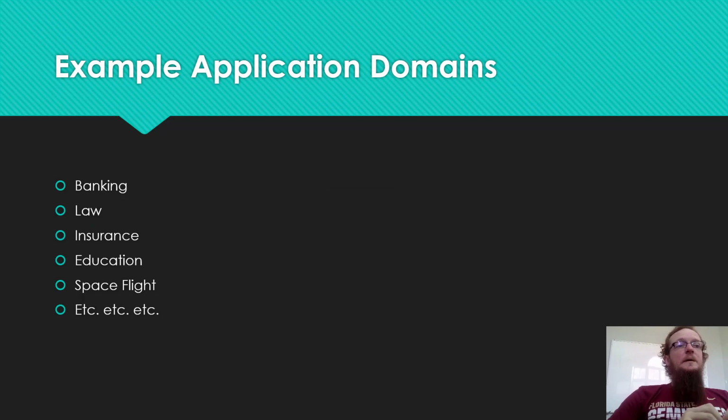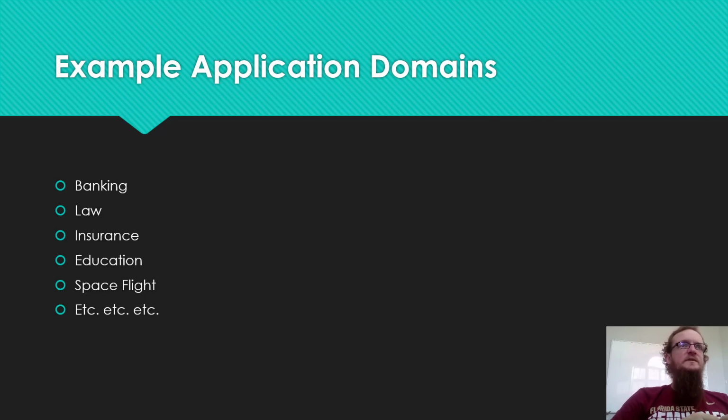So some example application domains that are kind of easy to wrap your head around are things like banking. They're things like the legal industry, insurance, education, even very specific things like space flight or automated cars. These things have, again, various levels of abstraction. So inside of banking, you could have banks that are really geared toward mortgages.